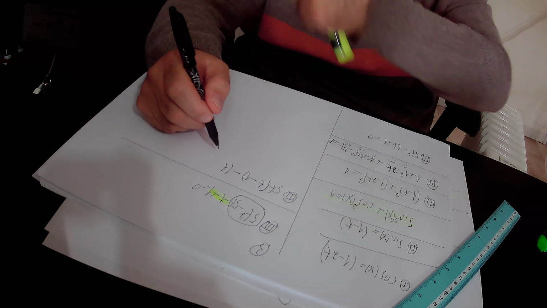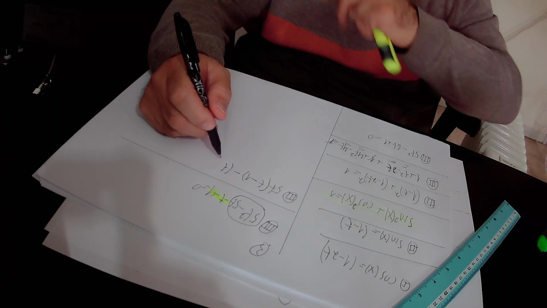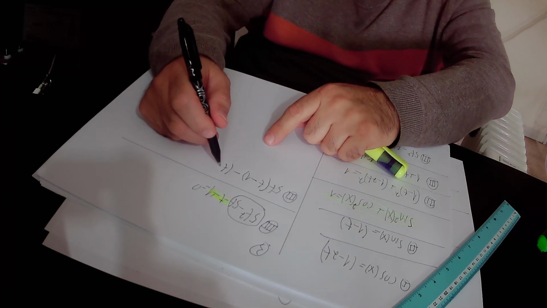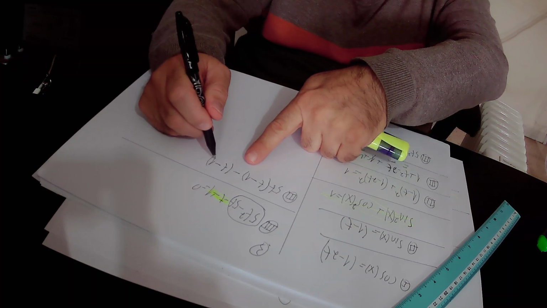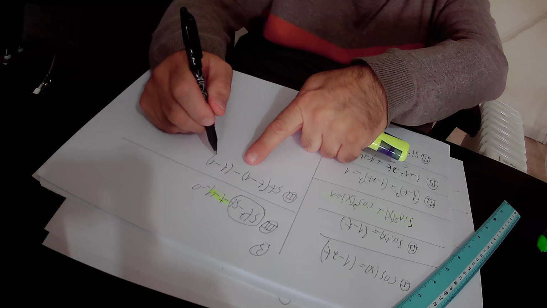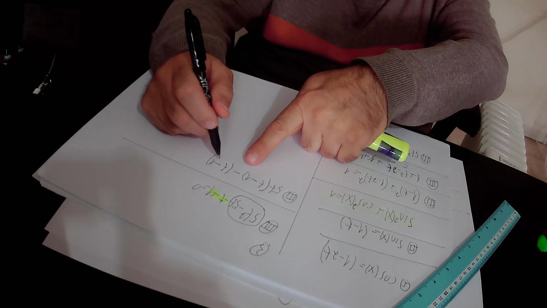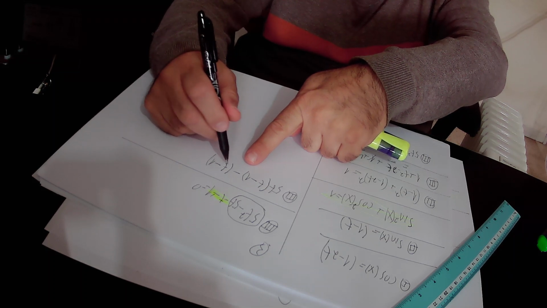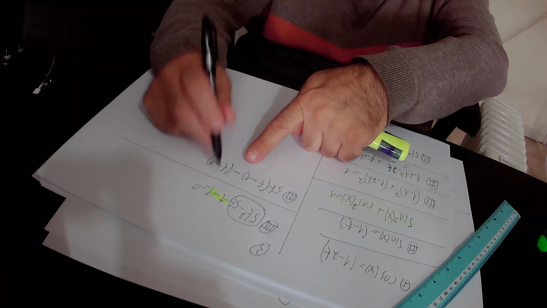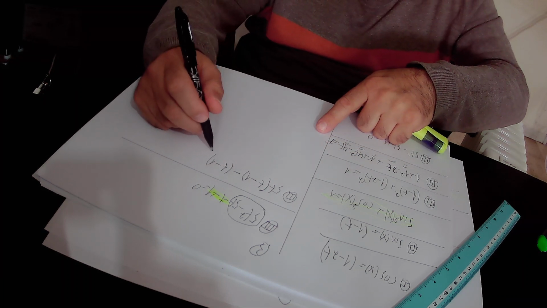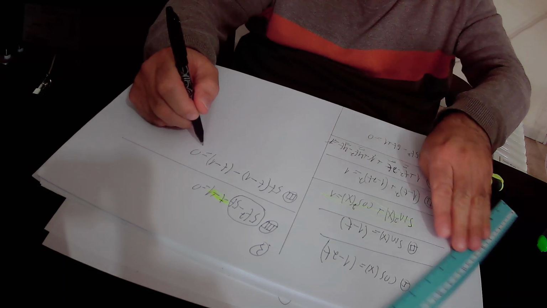And what is left from 1 after we took from it minus 1 as a common factor? What is left is minus 1. Why? Because minus times minus is plus. So here we get plus 1, exactly like this expression. And it is equal to 0.